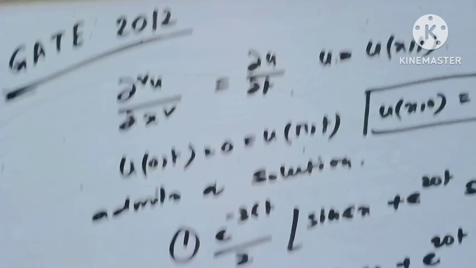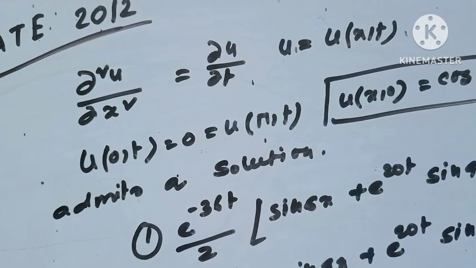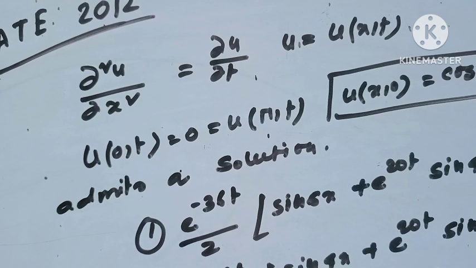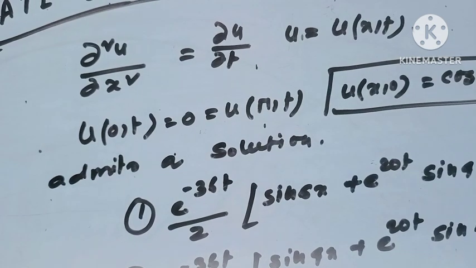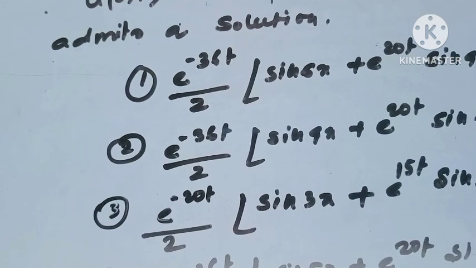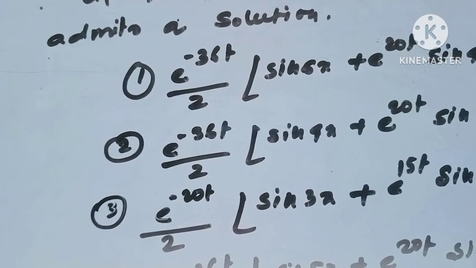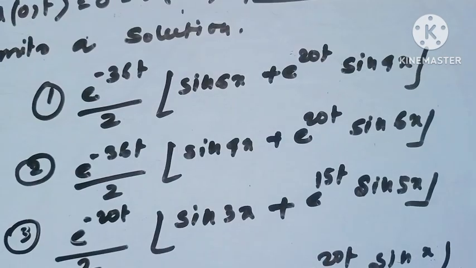The equation is del squared u by del x squared equal to del u by del t, where u equal to u(x,t), with the condition u(x,0) equal to cos x times sin 5x. It admits a solution. Option 1: e to the power minus 36t over 2 sin 6x plus e to the power 20t sin 4x.